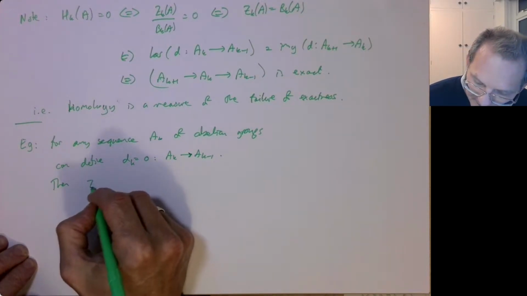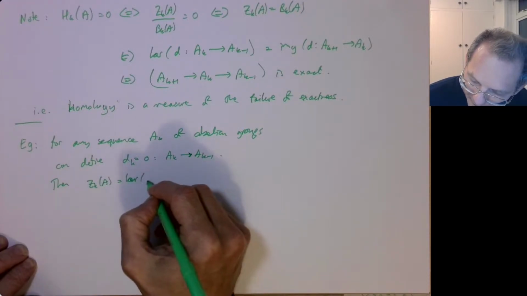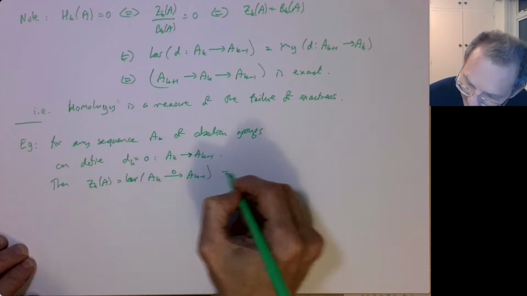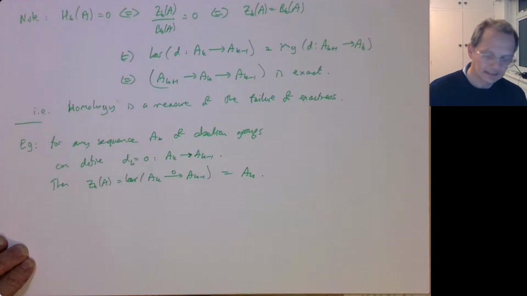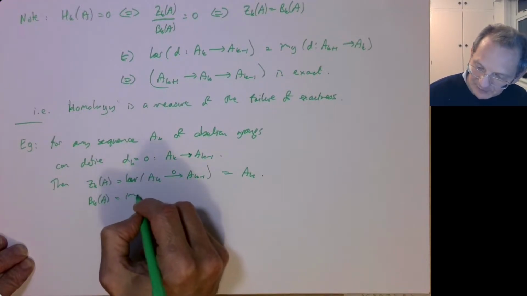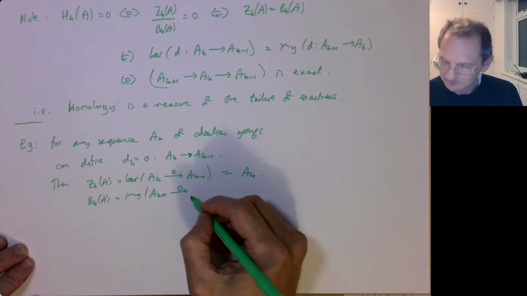That means that Z_k(A) is the kernel of the 0 map, which is going to be the whole of A_k, and B_k(A) is the image of the 0 map coming in from A_{k+1}.